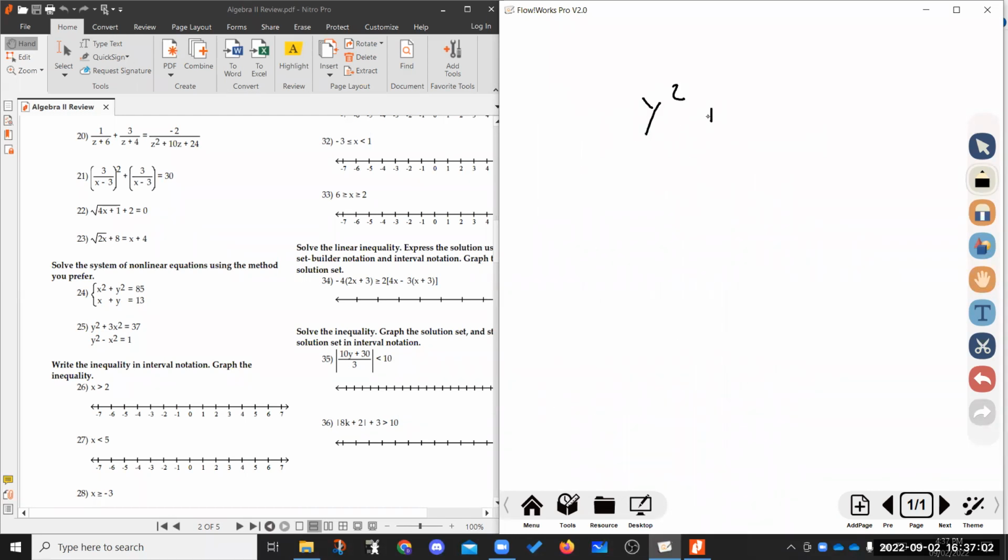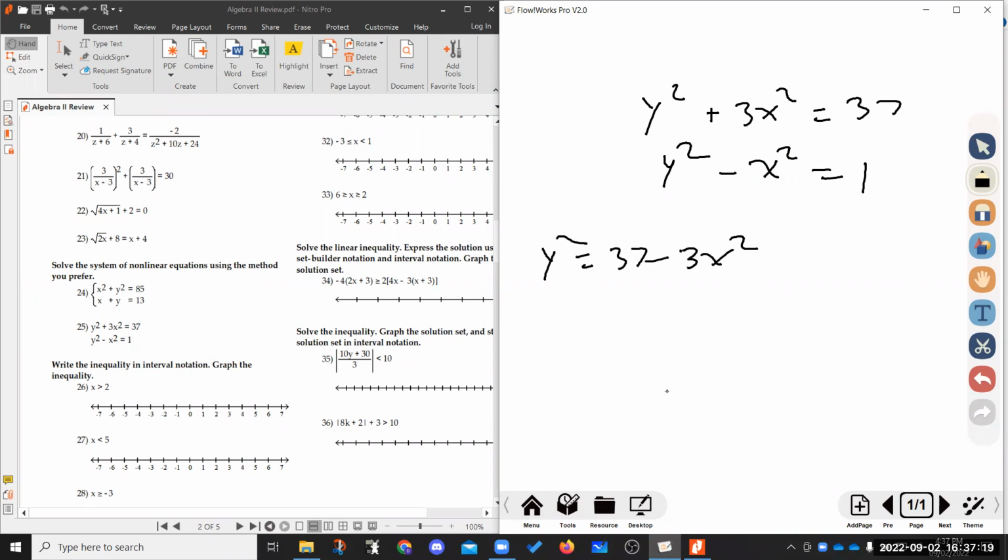y squared plus 3x squared equals 37. y squared minus x squared equals 1. I'll just solve to say y squared equals 37 minus 3x squared, and then make a substitution into the second one. 37 minus 3x squared minus x squared is equal to 1.